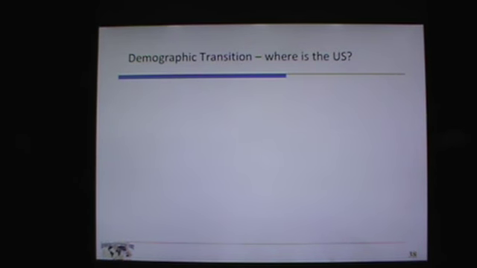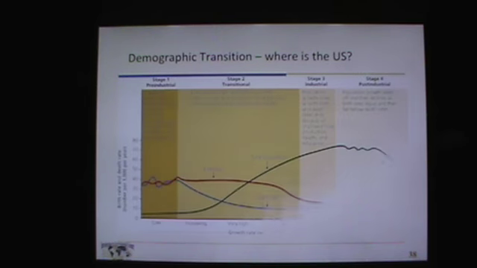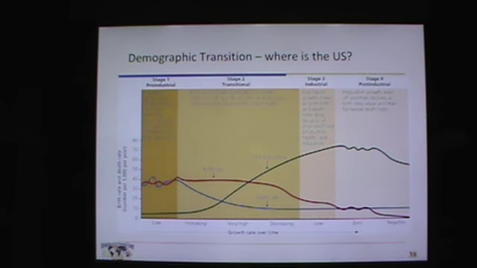So, demographic transition. I already answered that question. Maybe I shouldn't have. So, you start out with a pre-industrial, pretty much an agricultural society. This blue and red line, those are birth rates and death rates. And in these pre-industrial societies, you can see that those are almost balanced, quite high actually, relatively speaking.